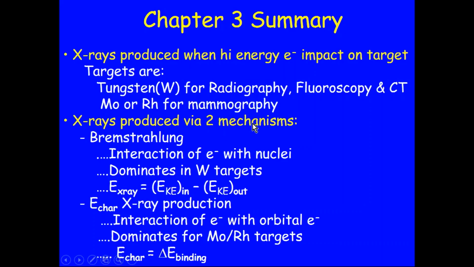The mechanisms of X-ray production are Bremsstrahlung and characteristic radiation, and we saw that Bremsstrahlung dominates for tungsten targets, while characteristic radiation dominates for mammographic energies and molybdenum rhodium targets. Okay, various other details here, I'll let you look at the recordings that we covered.